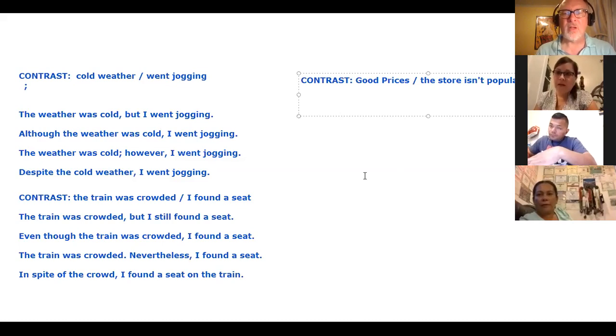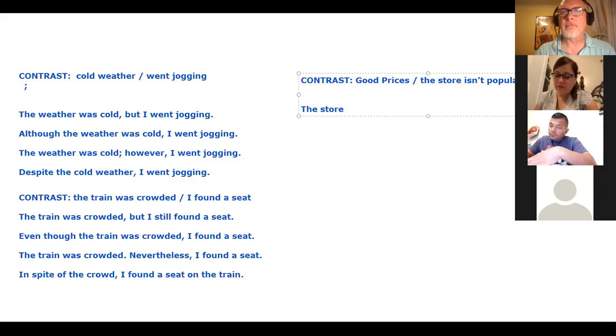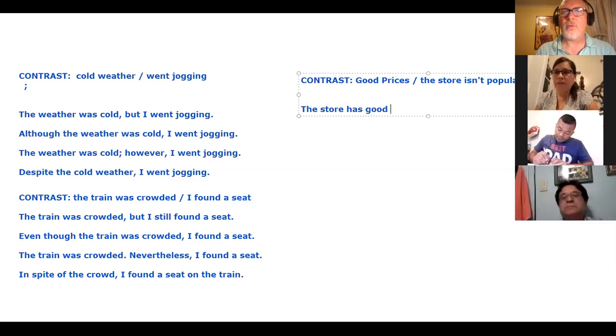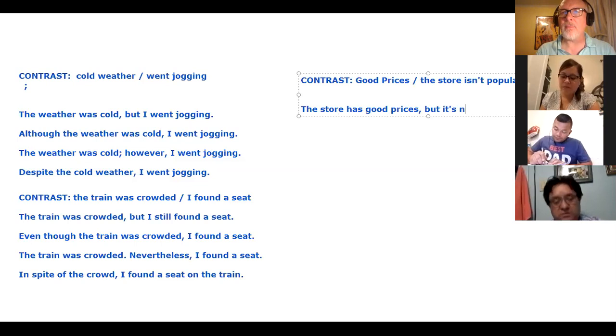The store has good prices, but it's not popular, right?